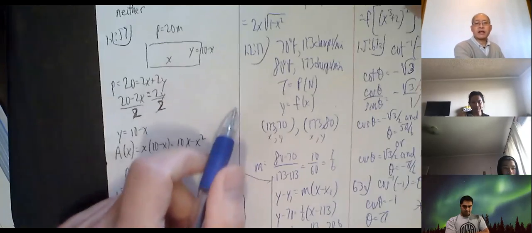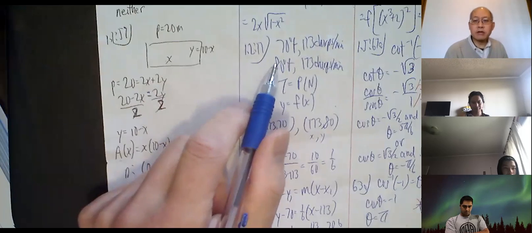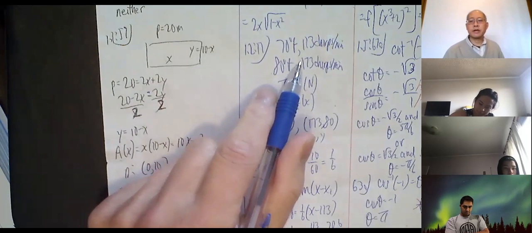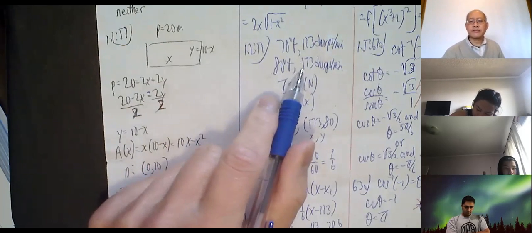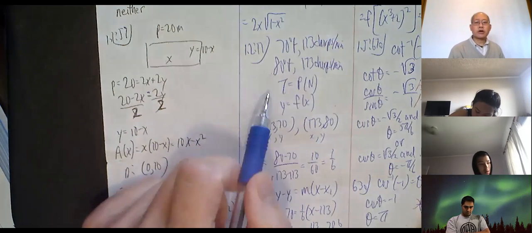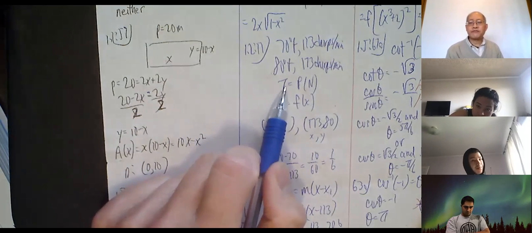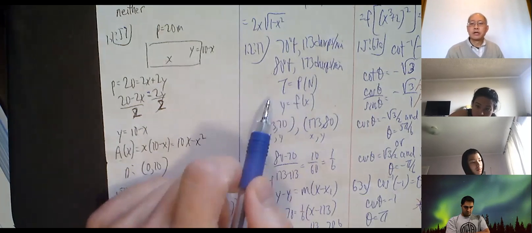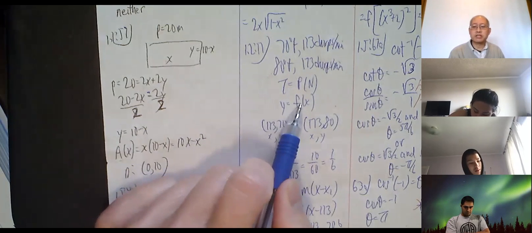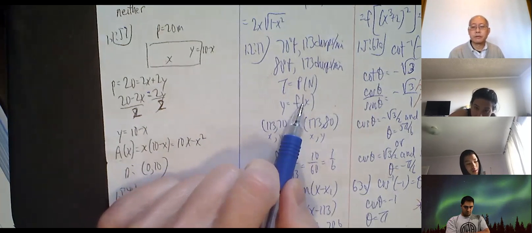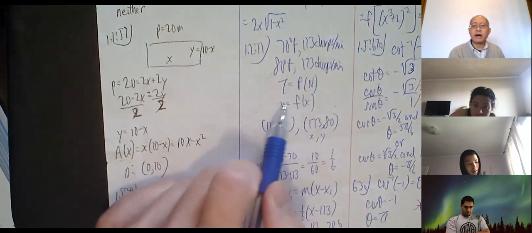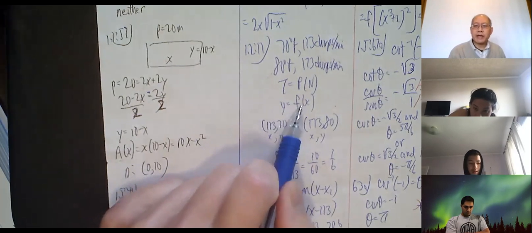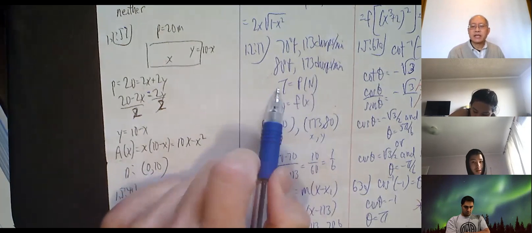So I've got the data right here. 70 degrees, 113 chirps per minute. 80 degrees, 173 chirps per minute. They told us to have temperature as a function of the number of chirps. So I pretend that's like y equals a function of x. T equals f of n, y equals f of x. So as an ordered pair, that would be like x, that would be like y.